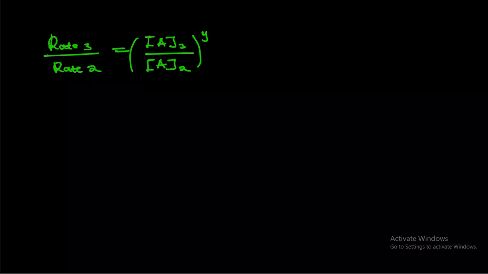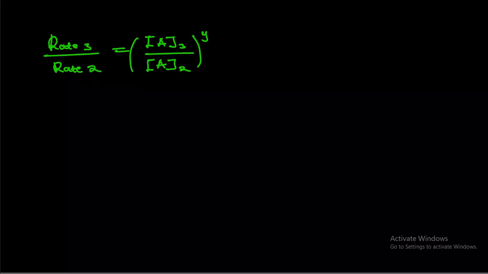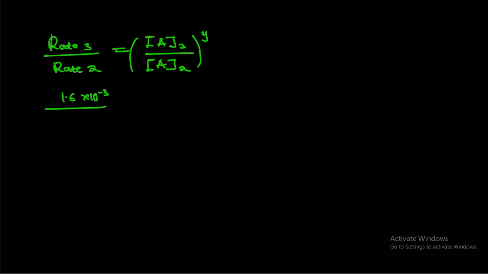So rate 3 is 1.6 times 10 to the power negative 3, and rate 2 is still 8.0 times 10 to the power negative 4, and the concentrations of B are one and the same.